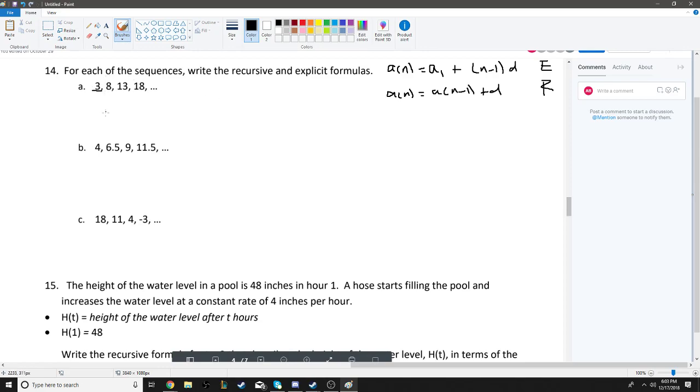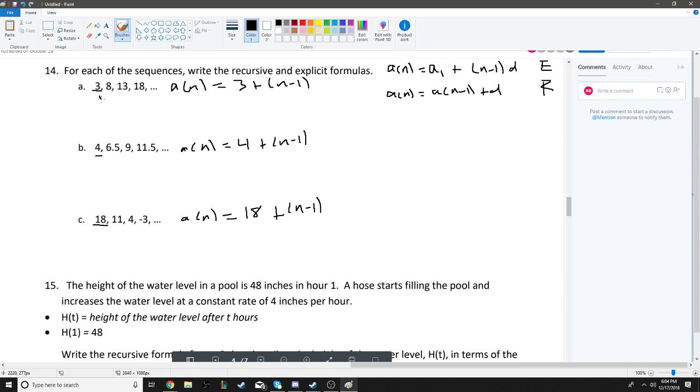So the first term is always A sub 1. So A sub 1 is going to be A of n equals 3 plus n minus 1. This one will be A of n equals 4 plus n minus 1. And this one would be A of n is equal to 18 plus n minus 1.